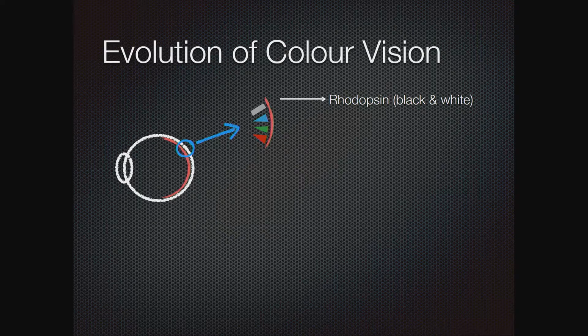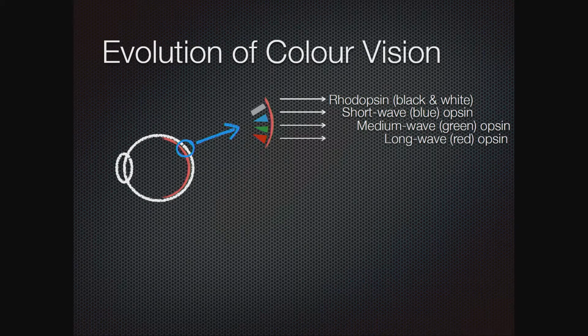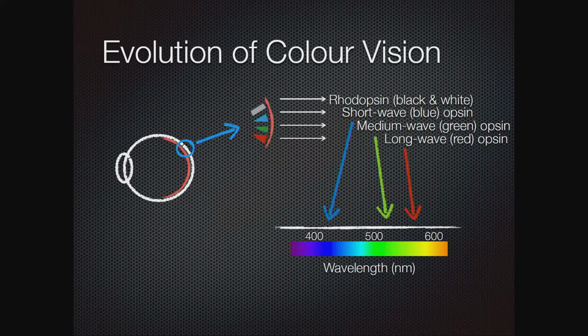And in the cone cells, there are 3 different kinds: either short-wave sensitive, medium-wave sensitive, or long-wave sensitive opsin. These are approximately in the blue, green, and red areas of the spectrum.